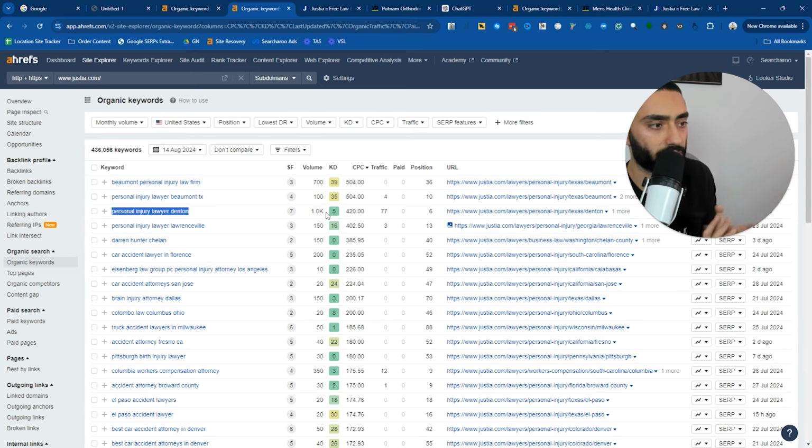But we're also trying to gauge the search volume. There's no point ranking a website that is only going to get 5 searches a month and is literally in the middle of nowhere in America. We want to be getting those searches. So this is another good way of gauging search volume and roughly how many clicks the website would earn, because we want to take all of these numbers into consideration when purchasing an aged domain.